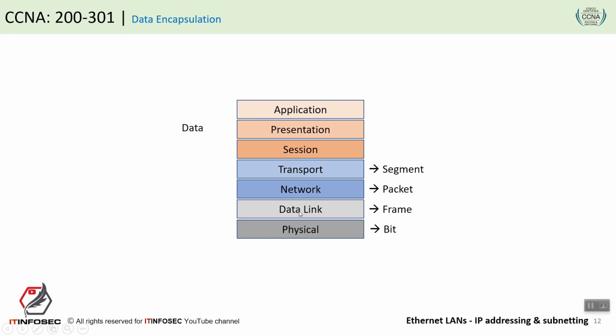When it transfers to the higher layer, it's called a frame. When it has the IP address of source and destination, it's called a packet. And when TCP or UDP is added, it's called a segment. And the upper layers we will know simply as data.